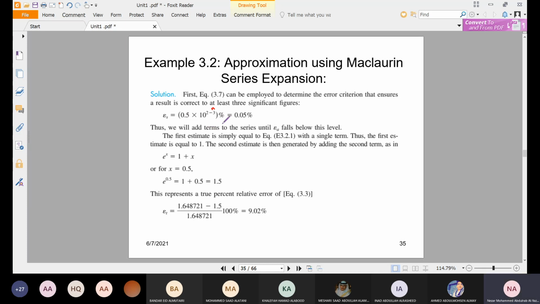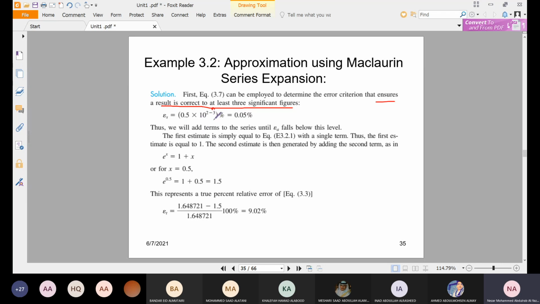So here, for example, we want to ensure that the result is correct to at least 3 significant figures.